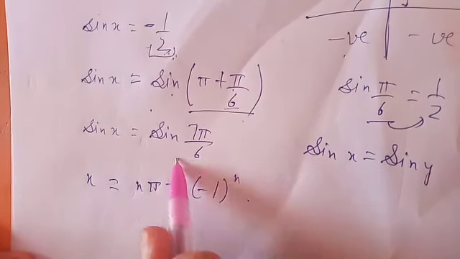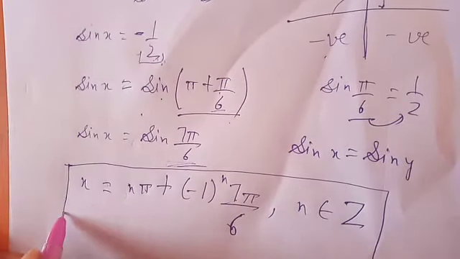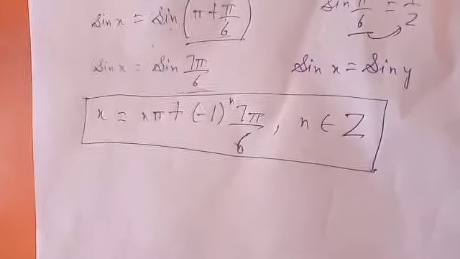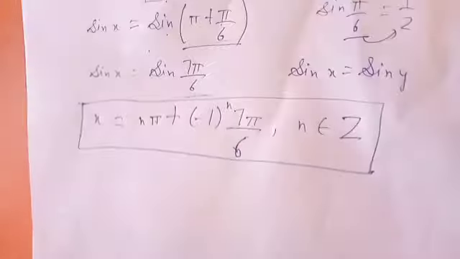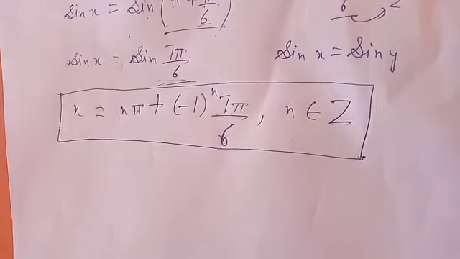And what is our y in this question? Sin pi by 6, for all n belonging to integers. This is our general solution for cosec x equal to minus 2. Okay, in this way you can solve the second and third question.